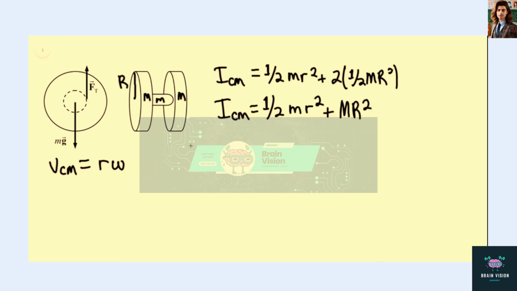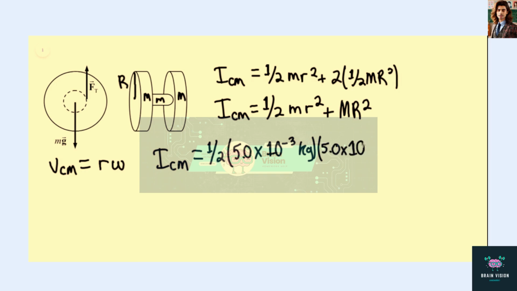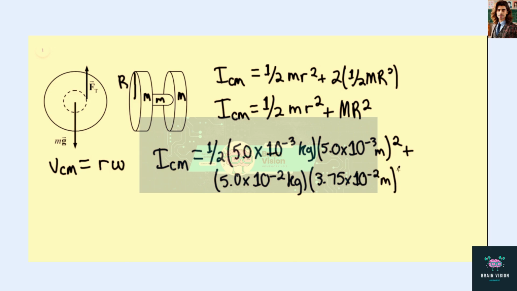We can calculate this: the moment of inertia through the center of mass would be 1/2 times 5.0 times 10 to the -3rd kilograms multiplied by 5.0 times 10 to the -3rd meters quantity squared, plus 5.0 times 10 to the -2nd kilograms multiplied by 3.75 times 10 to the -2nd meters quantity squared.